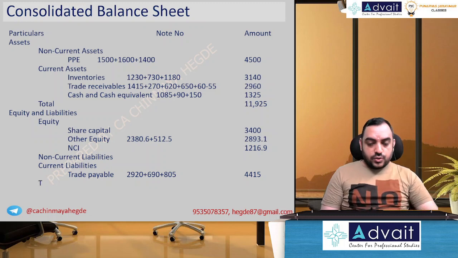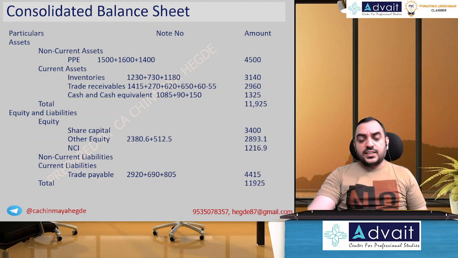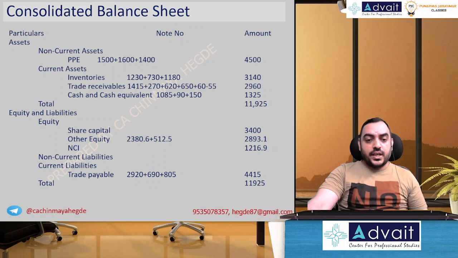Okay, so you can do the total and see if the balance sheet is tallied. 3,400, 2893.1, 1216.9, 4415, 11,925. Okay, so that is what is with respect to chain holdings.